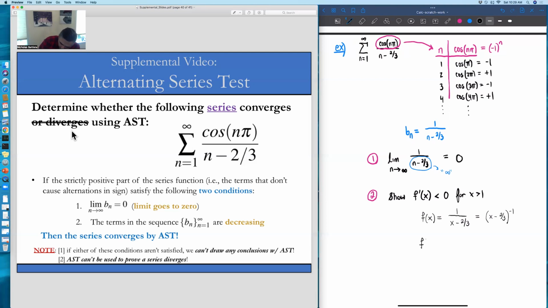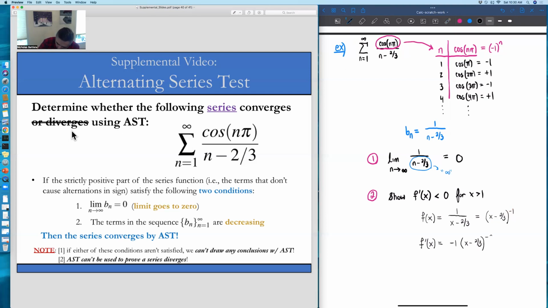All right, so let's take a derivative of this. We have this x minus 2/3 raised to the minus 1 power. So we can do a power rule type differentiation, so that minus 1 comes down. Then we have what was originally there, x minus 2/3, but instead of having it raised to the minus 1 power, we subtract 1 from that, just like we would in a power rule differentiation.